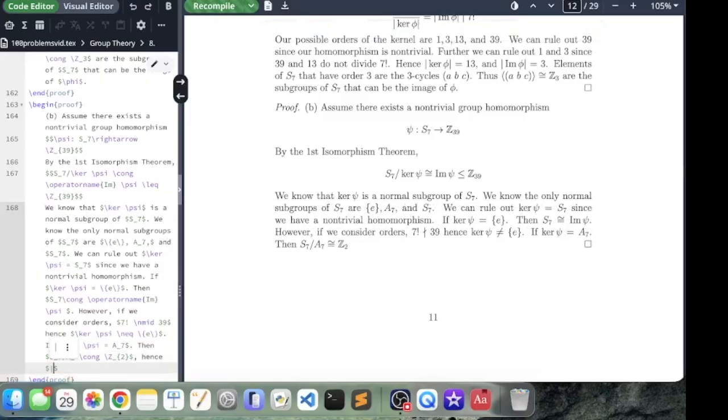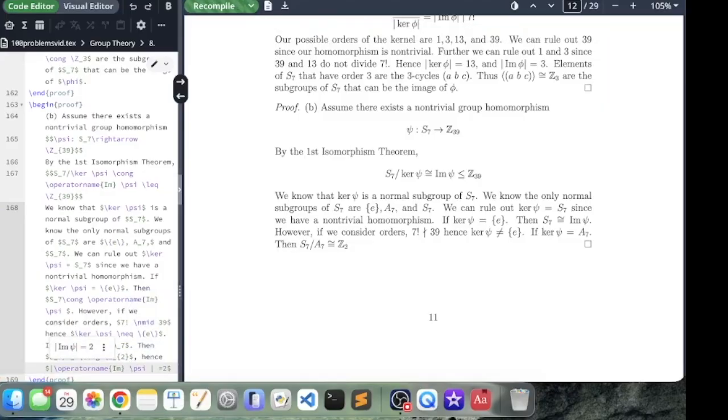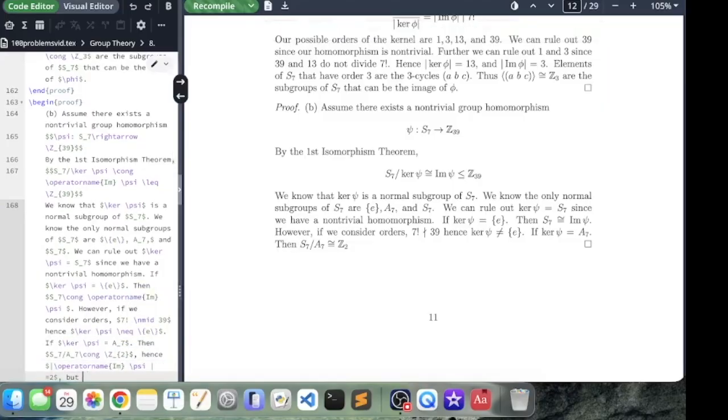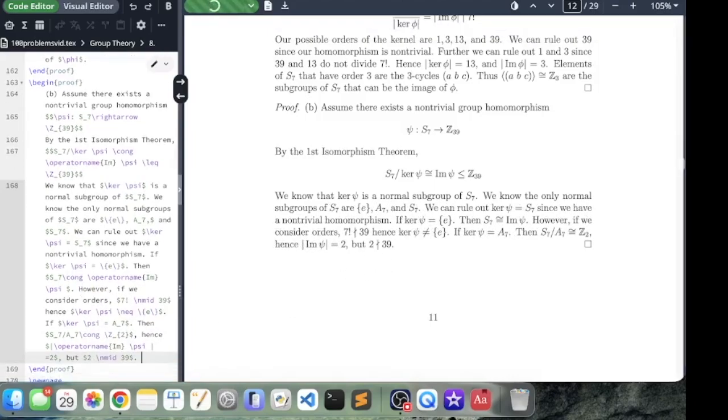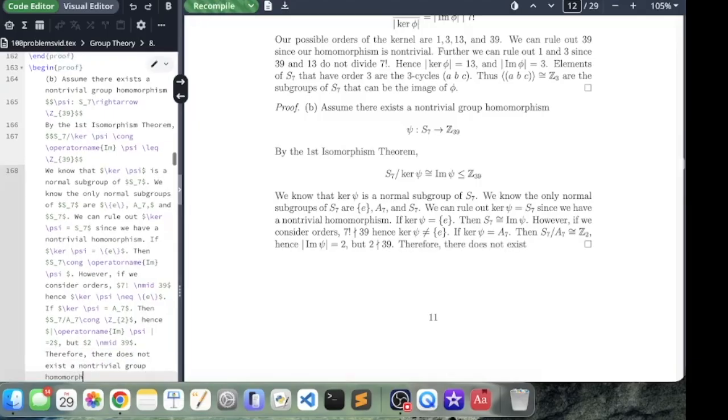Hence, the order of the image of psi is equal to 2, but similarly, 2 does not divide 39 by Lagrange. Therefore, there does not exist a non-trivial group homomorphism psi. And that concludes B.